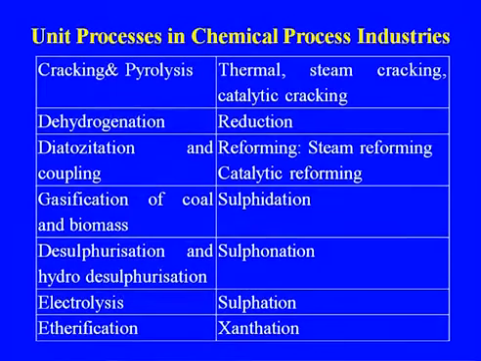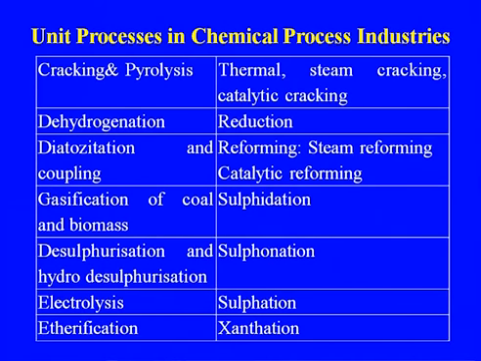Steam cracking was developed actually for the cracking of naphtha and of gases, where we are producing the olefins. Reduction, reforming, steam reforming, catalytic reforming. Steam reforming is very important for the manufacture of hydrogen and the manufacture of synthesis gas.